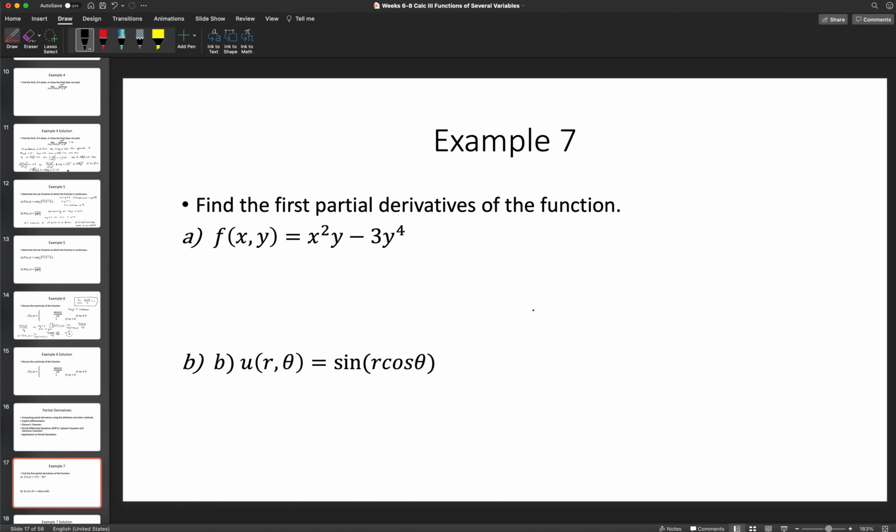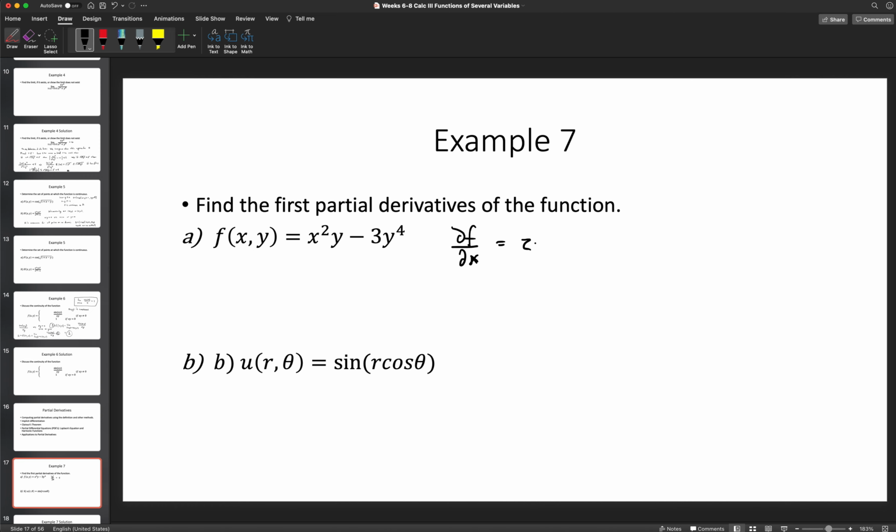So let's compute some first partial derivatives, and I'll explain a little bit here how to do that. The notation we're going to use is this curly D notation. This means partial derivative with respect to x of f. What you do for partial differentiation is a bit different than regular differentiation: you hold the other variable as a constant and then you take the derivative of this variable.